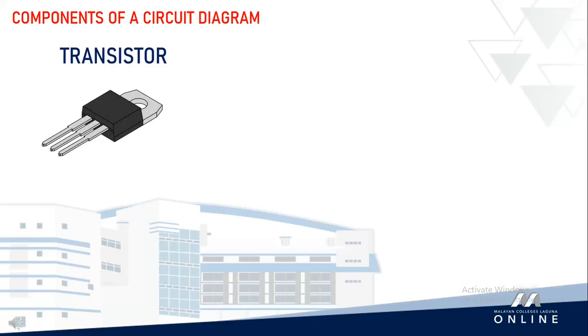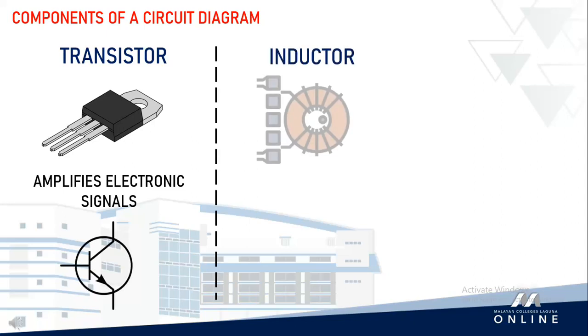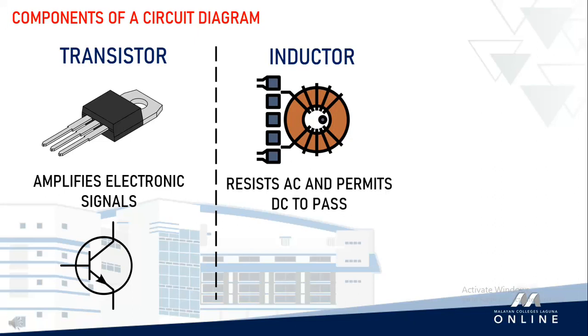This component amplifies or switches electronic signals and power. In symbol, we can represent a transistor as this. Another one is an inductor, which resists alternating current while permitting direct current to pass. Its representation in circuitry is like this.